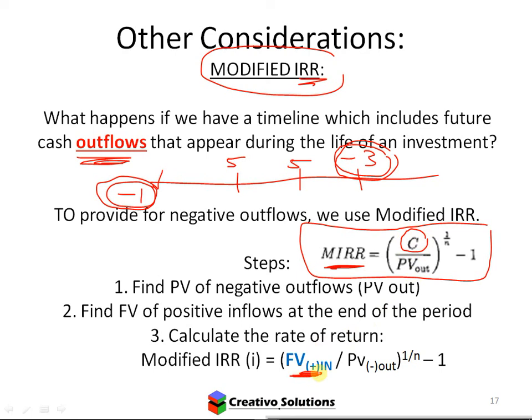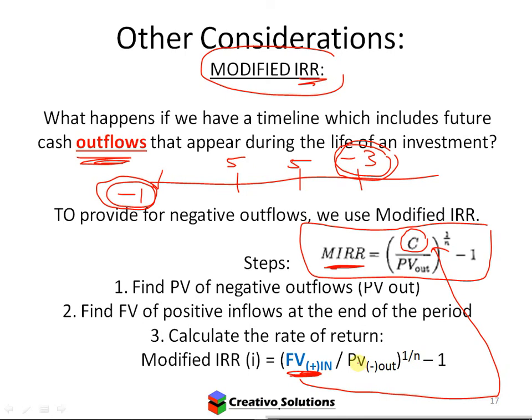Make a note for yourself: on the formula sheet, the C represents the future value of the inflows. Plus means inflow, minus means outflow. So the C is the future value of the inflows divided by the present value of the outflows. That's how we get a modified IRR.